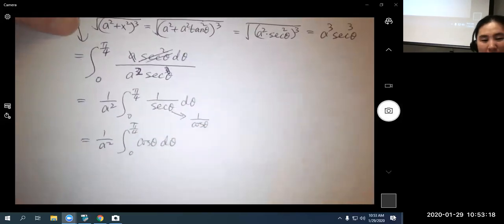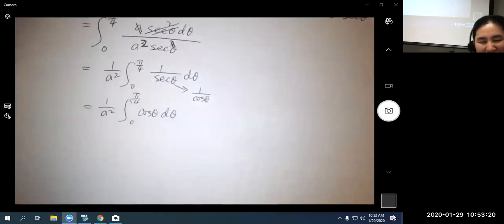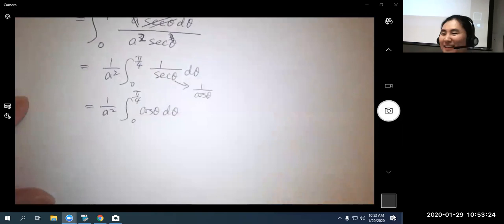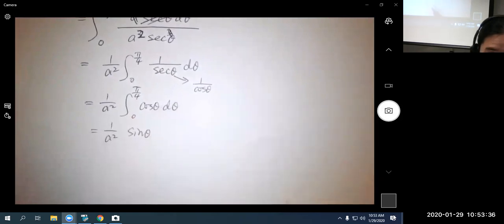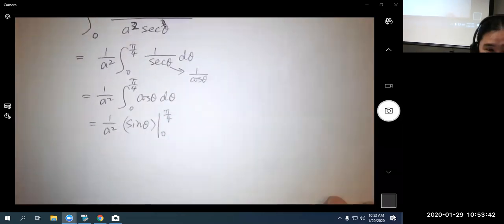Wow. After the substitution, this integrand is very simple. Cosine theta, right? What is the antiderivative of cosine? Sin of theta. But don't forget that we have to evaluate sin theta from 0 to pi over 4, right? And then 1 over a squared, which is constant.